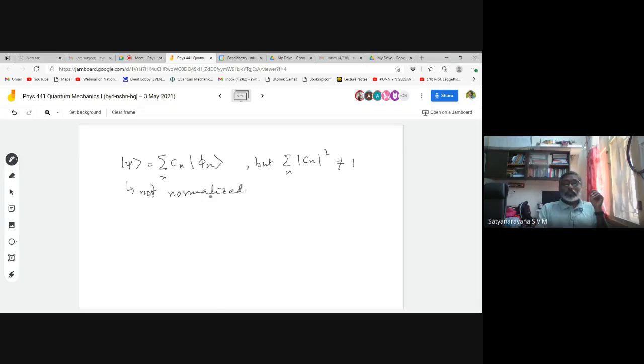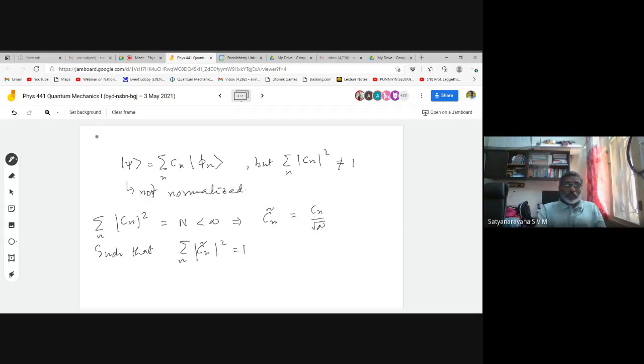But we should expect that this sum over n of mod Cn square is equal to some value N less than infinity. That means this must be a square summable sequence. So if that is so, then you define Cn tilde as Cn divided by root N, such that sum over n of mod Cn tilde square is equal to 1.